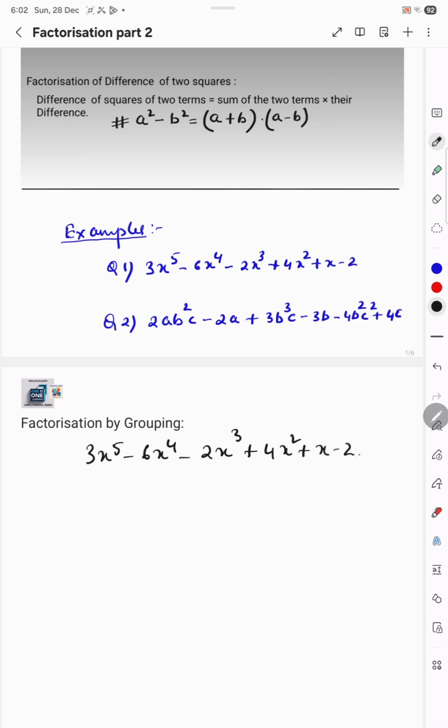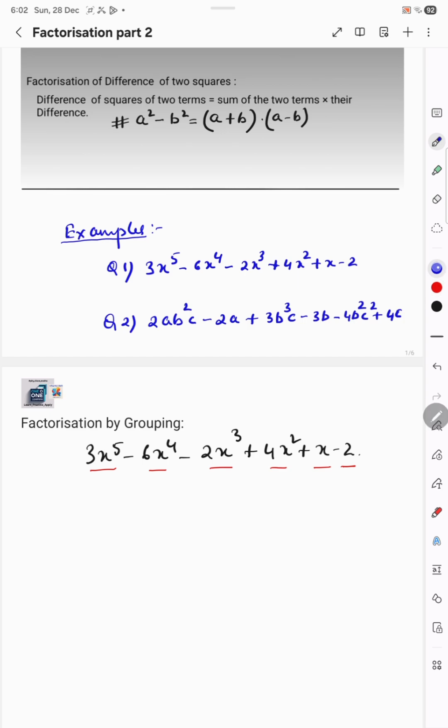Okay, now if you see this expression carefully, we have x in all the terms except the last one, which is a constant. So now since we have x in all the terms, we can take this x common, isn't it? But first let us try to make groups.